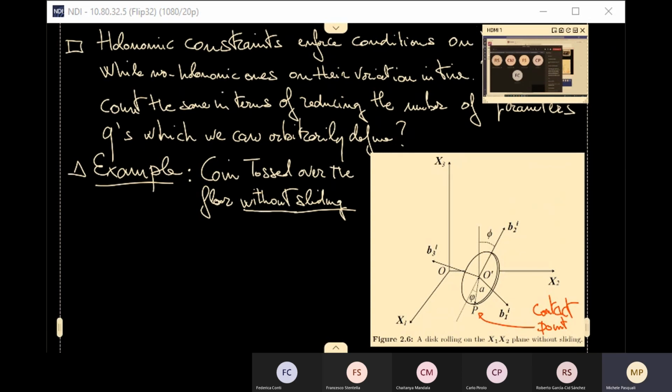Just try to guess. It's not that hard, in fact. It's a simple way. You have to describe that point P does not have to move with respect to the floor. This is what you have to enforce, right? It has to roll without sliding. Just try. I mean, nobody's here to judge you.